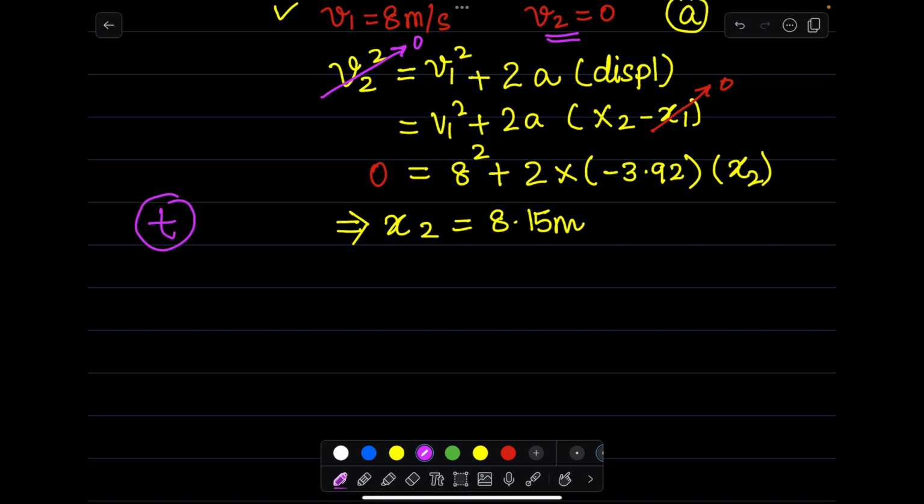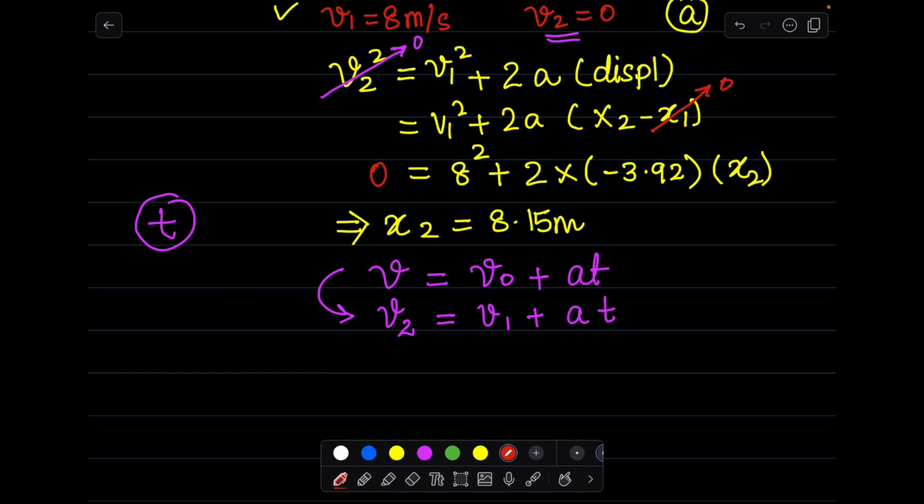Now let's move and calculate the time t. How will we calculate? Again, we will apply a very simple formula. v is equal to v naught plus at. So in this case, we have v2, we can modify this simple formula in our terms: v2 equals v1 plus acceleration multiplied by time. So guys, here v2 is already 0 because it will stop at that point, and v1 is given to us.